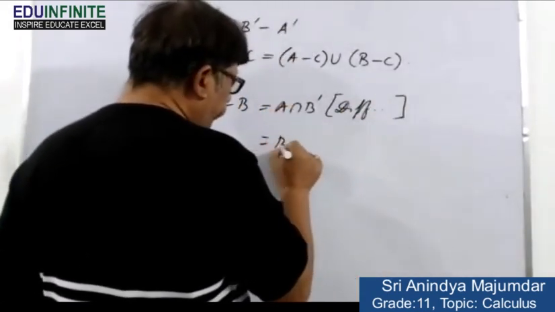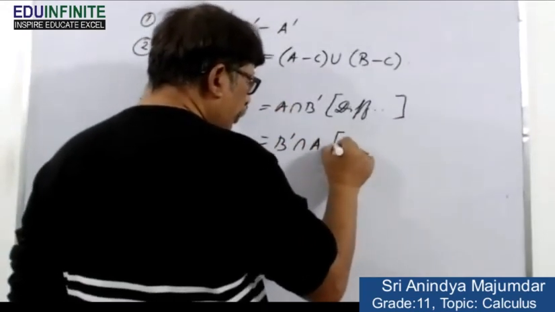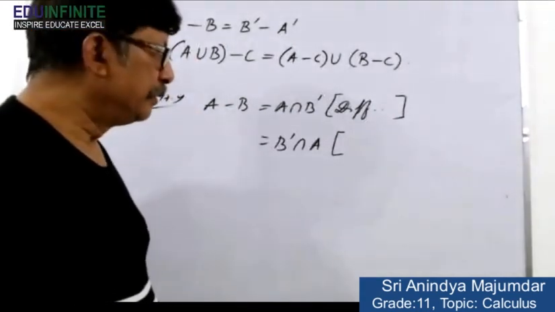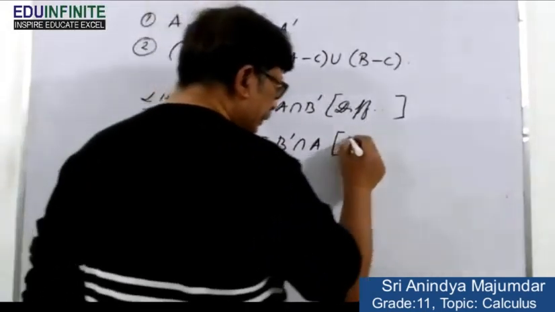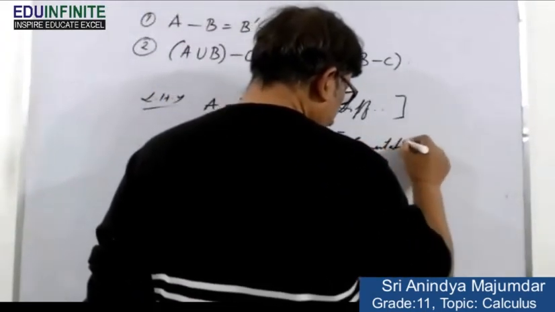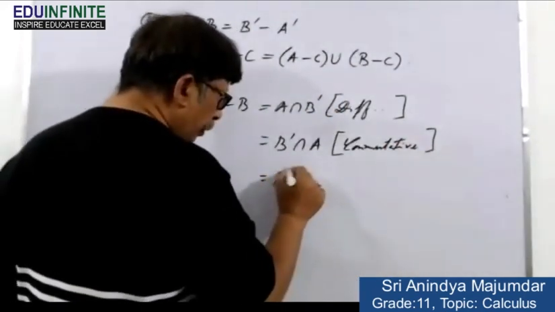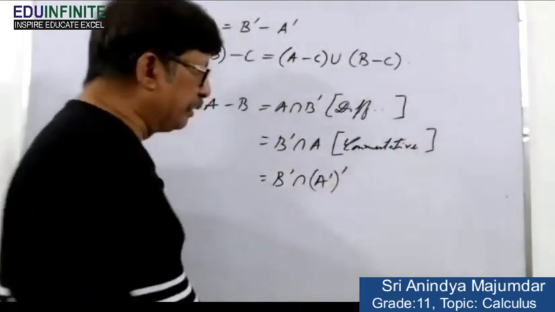Is it going to B complement intersection A? Which law? I just interchange their position. Commutative law. This is B complement intersection A complement whole complement.